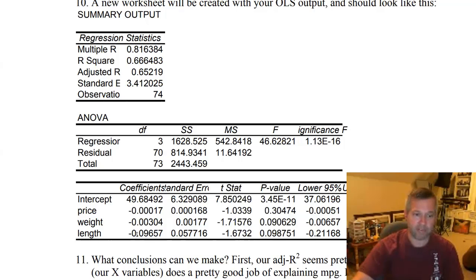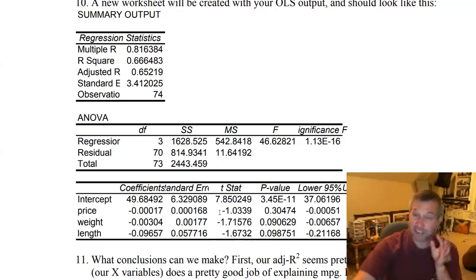So if you have a negative coefficient divided by a positive standard error, you're going to get a negative t-stat. And again, here with length, I get this t-stat of negative 1.67, but again, I just read it as 1.67, which is kind of big, and it gives me a p-value that's pretty close to 0.1. So it's still just barely significant at the 10% level. So when you see the t-stats, whether it's negative or not shouldn't be as big of a deal for you.